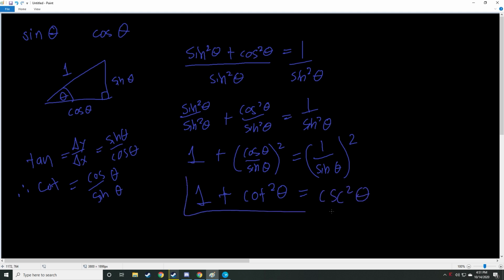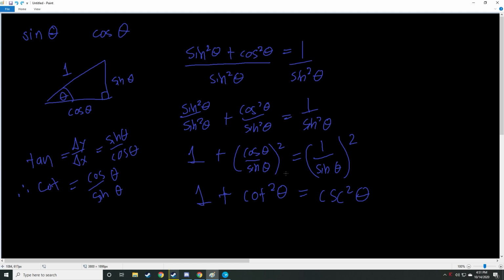So there's your second Pythagorean identity derived from this one that everyone remembers, just by dividing both sides by sine squared of theta. Okay? So there's another Pythagorean identity that you can derive on a test, an exam, a homework, and you didn't even have to memorize it, as long as you knew this one and you knew how to divide both sides by sine squared theta.